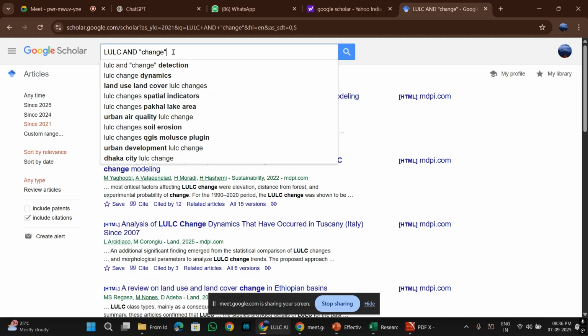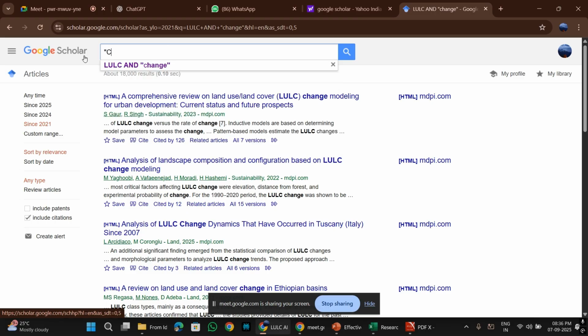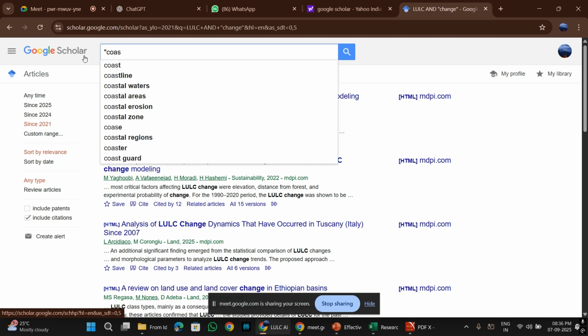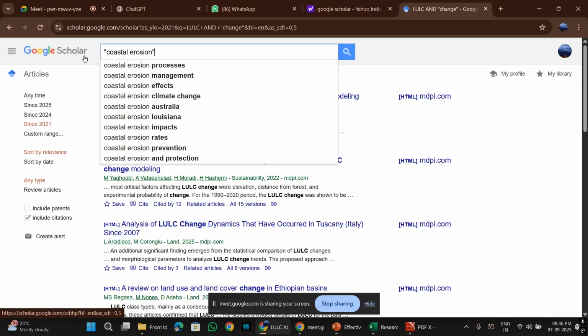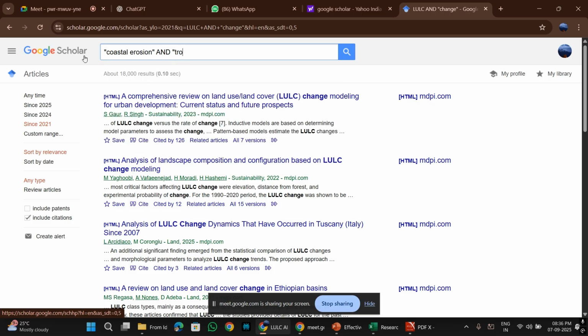Yes, okay. Besides this, let's say I want to search for coastal erosion. I want this phrase, coastal erosion, to be mentioned in that particular manuscript. I want the word tropical to be there.